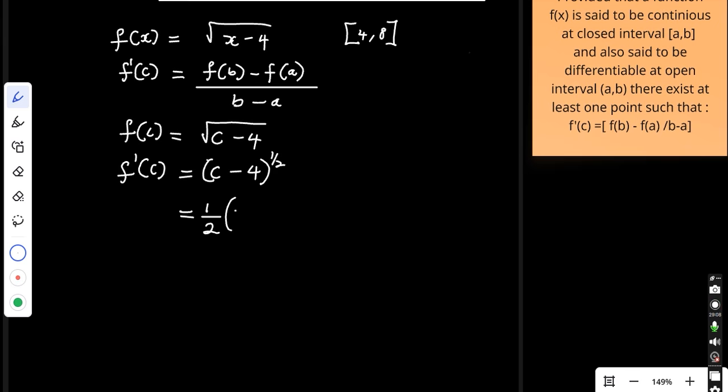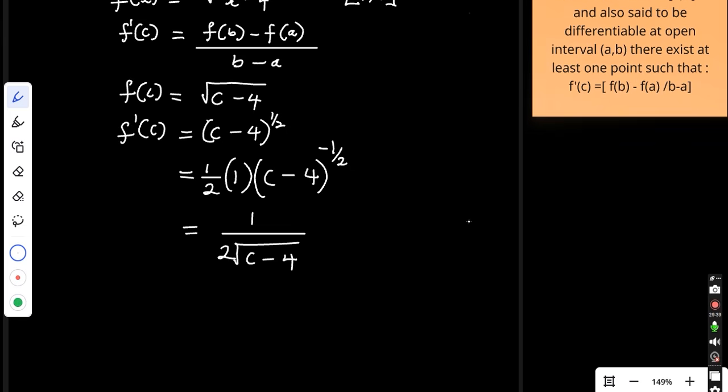If we differentiate this, we're going to have 1, and the next thing is to rewrite the equation but subtract 1 from the power. Subtracting 1 from half, we're going to have negative half. So at the end of the day, this is going to be equal to 1 over 2 root c minus 4.